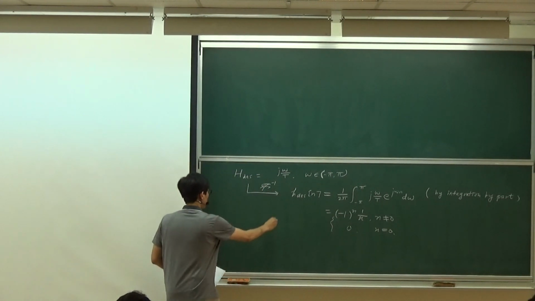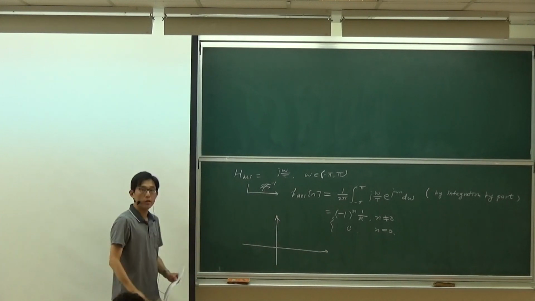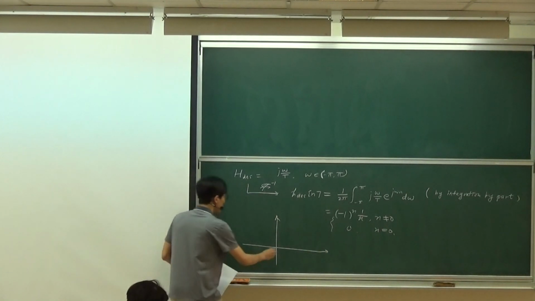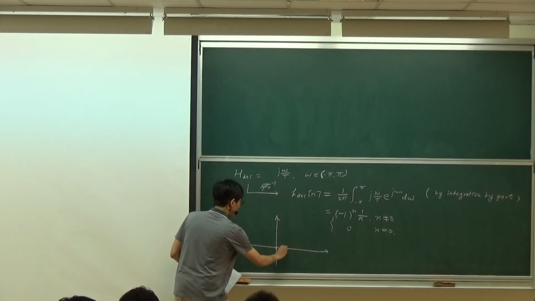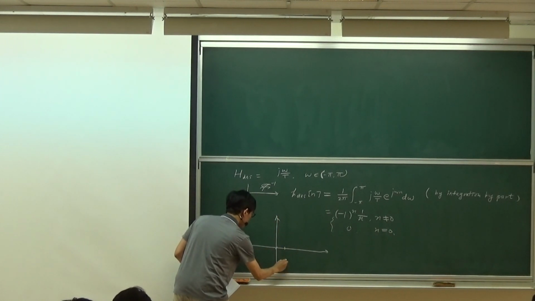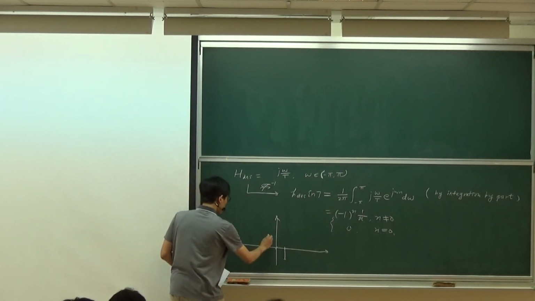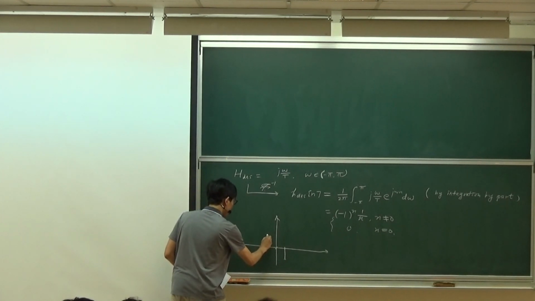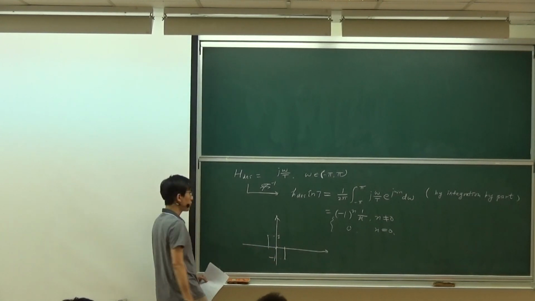So let's make a plot. It's kind of interesting. Very simple result, and the result is anti-symmetric around time 0. Why? Because at time 0 it is 0, and at time 1 it is -1, and at time minus 1 it is plus 1, and so on and so forth.